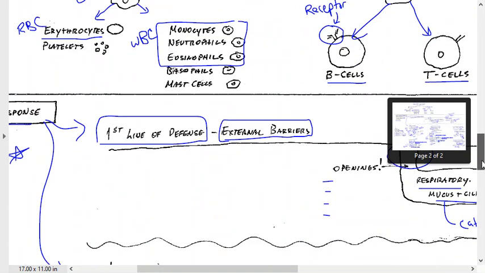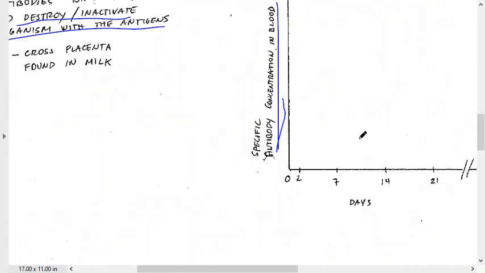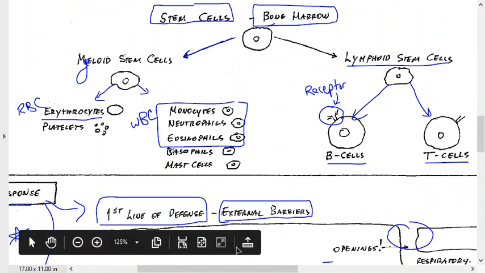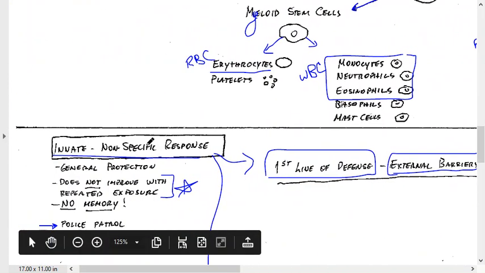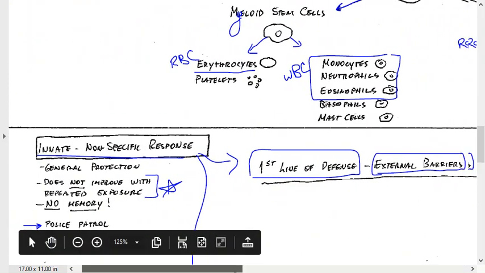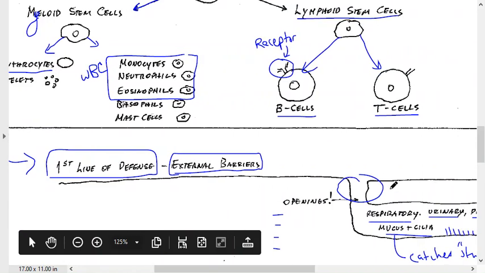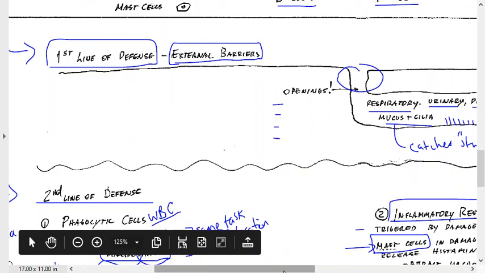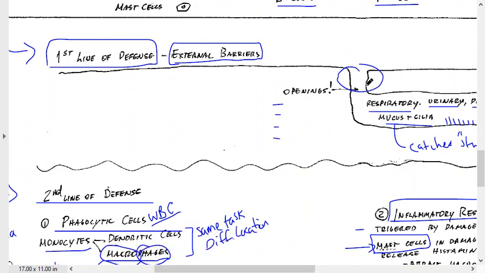There it is. This first line of defense that we talked about all the way back in that first video, the external barriers, your skin, etc. Obviously, you have openings. So if you know chickenpox virus, I probably breathed it in with my respiratory system.